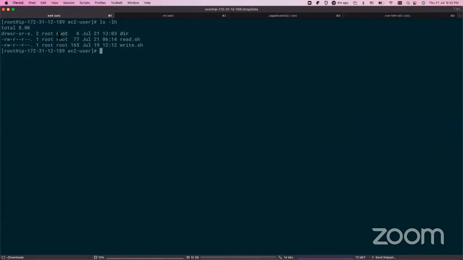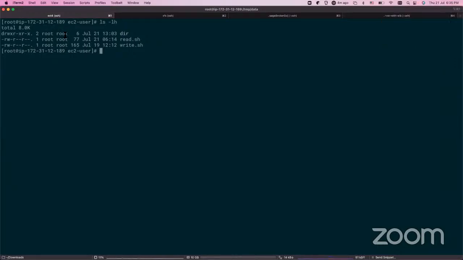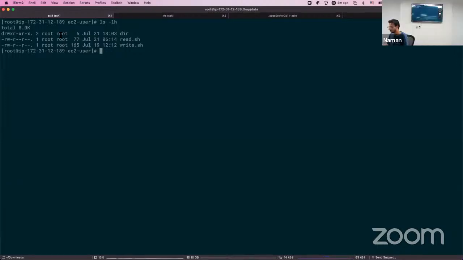Right, so the question is, over here we have a root, which means the owner of this file is root, correct? But why do we have root again? What does the second root signify? It's a group, I guess. Correct. So this is the group.